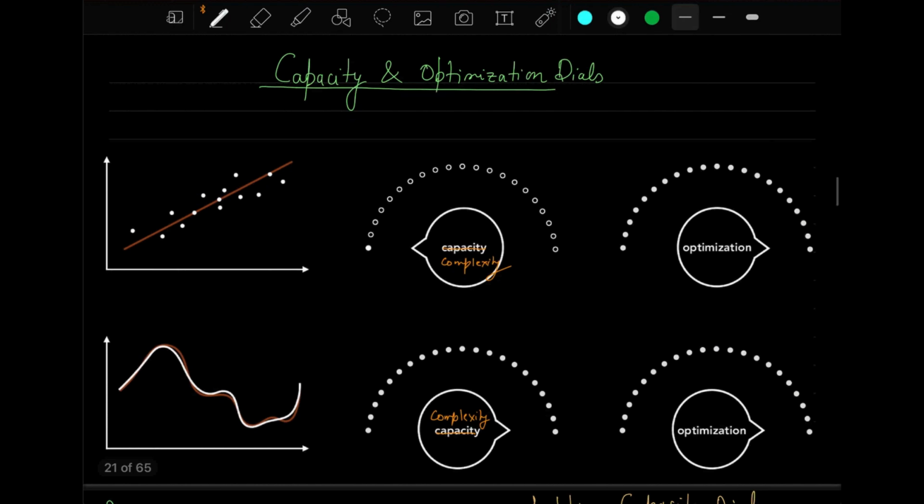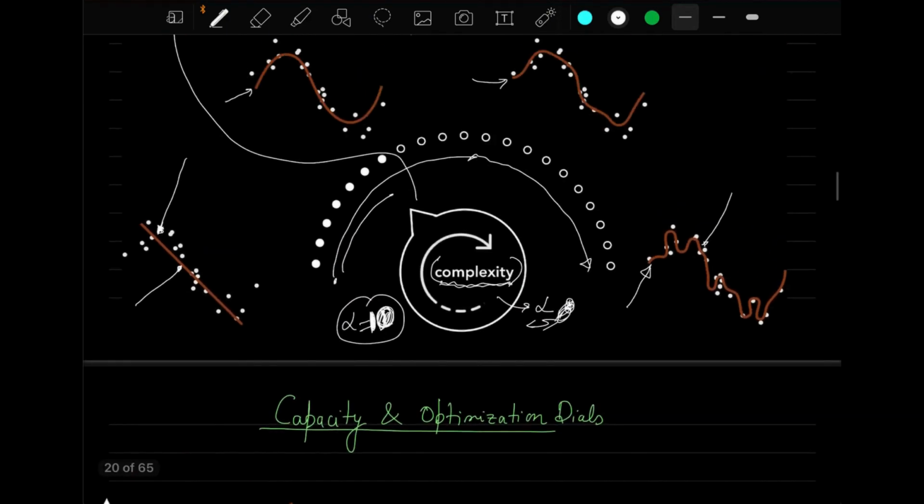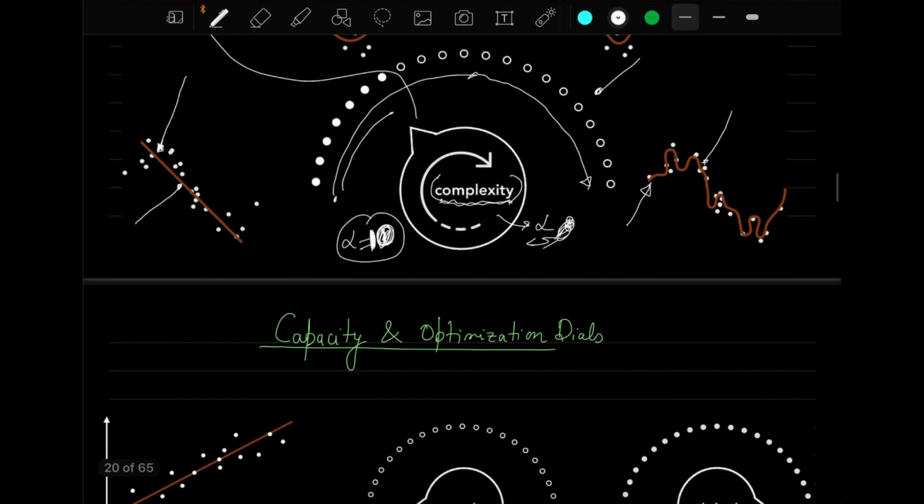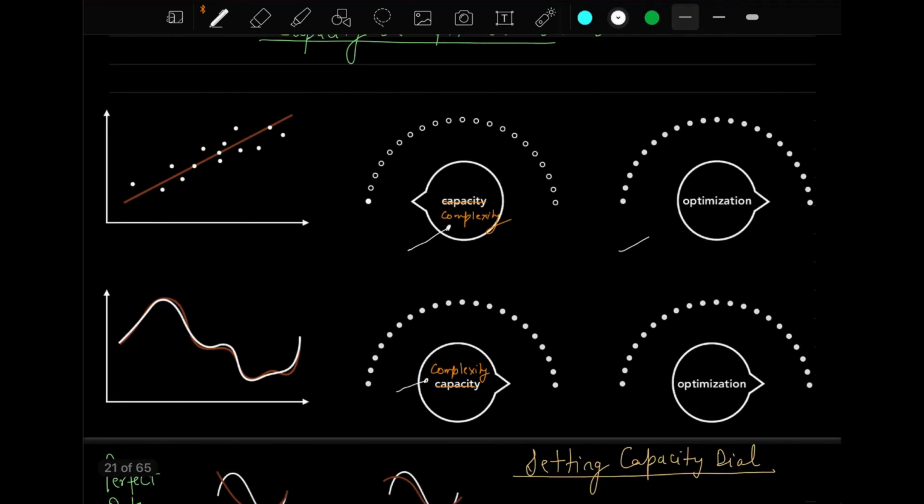Okay, so we basically have two dials available to us. One is the complexity dial, which is given over here, and we discussed it here. The second is the optimization dial. And why are we saying we have two dials?